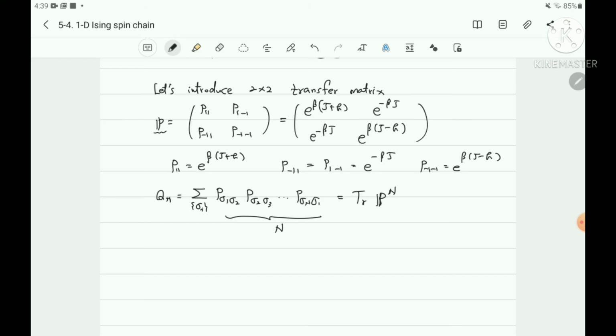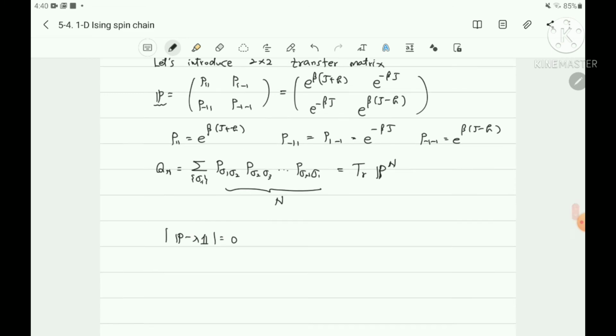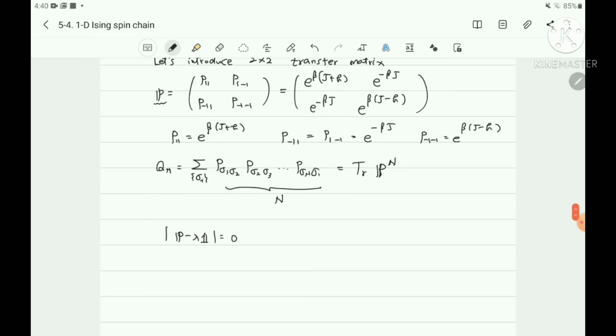Because P is a 2x2 matrix, there are two eigenvalues, lambda 1 and lambda 2. In order to get the eigenvalues, we should calculate the secular determinant of P minus lambda 1 equal to 0.